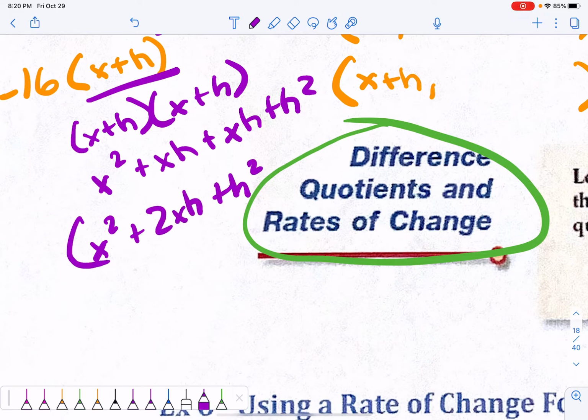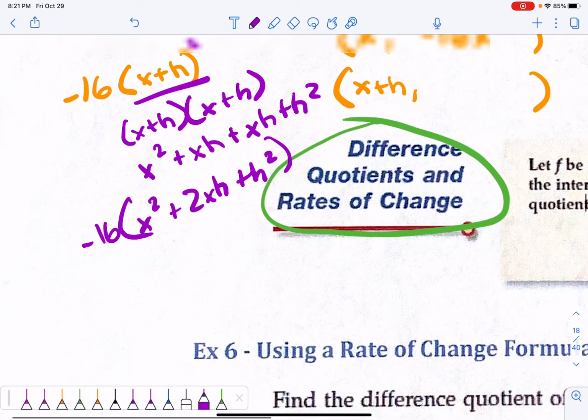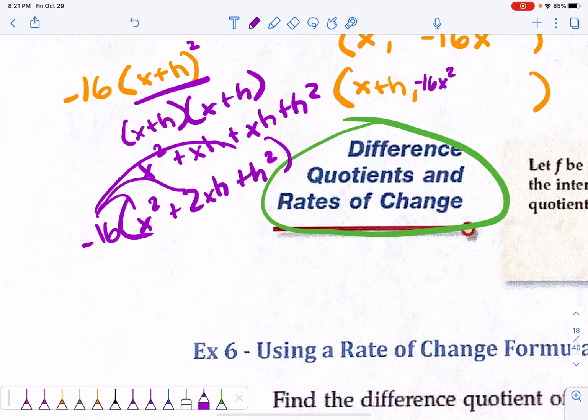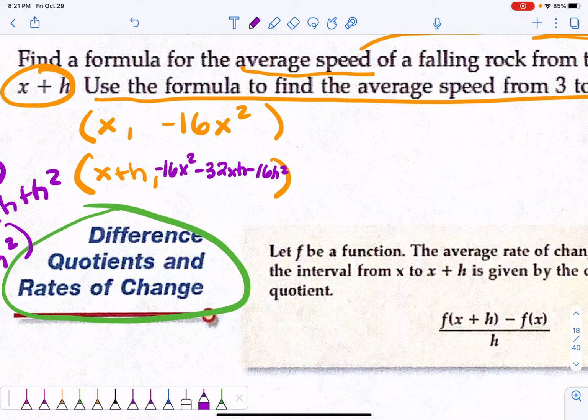That was kind of fast, so if you need to pause it, go for it. Then we have to multiply everything through by a negative 16. So I'm going to distribute my negative 16 through, and it is negative 16x squared minus 32xh minus 16h squared. That's what it will look like. Kind of ugly stuff, but bear with me for now.